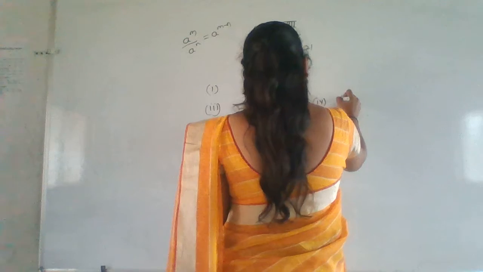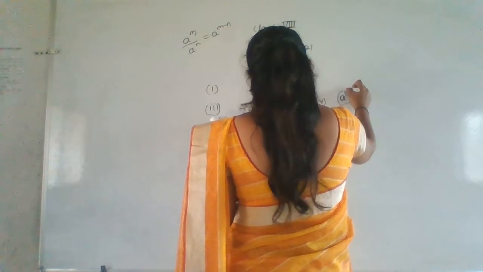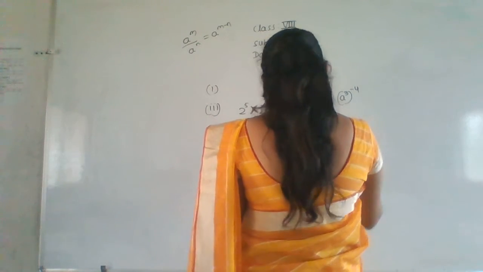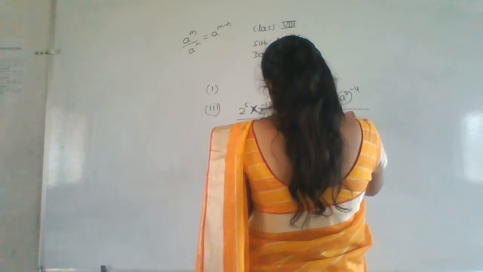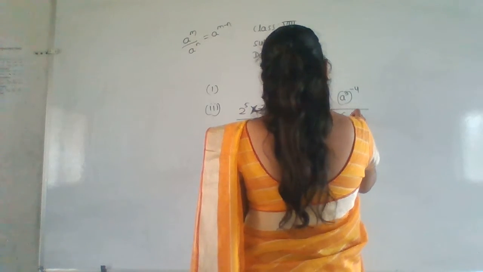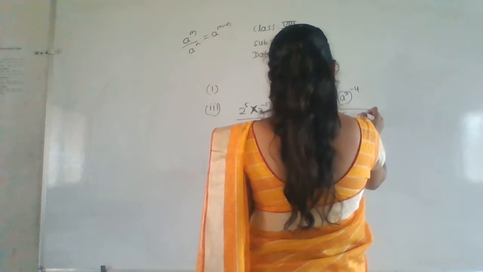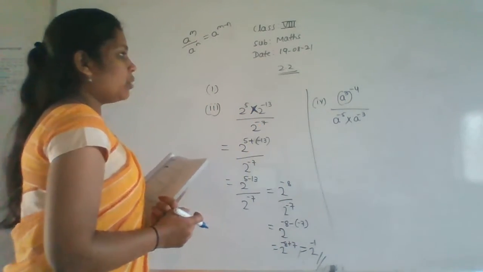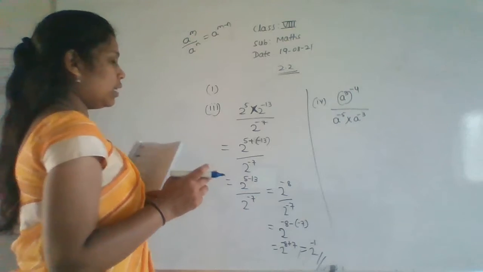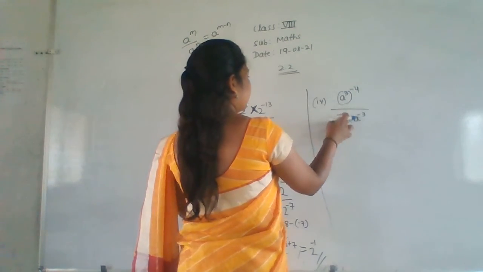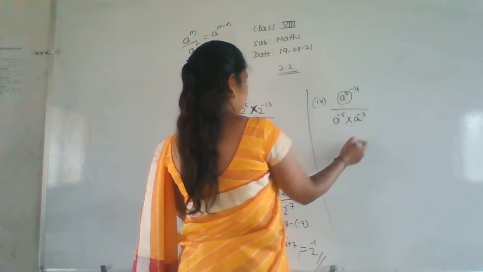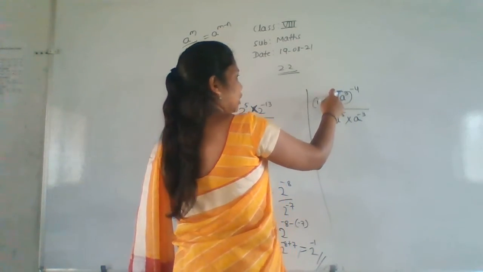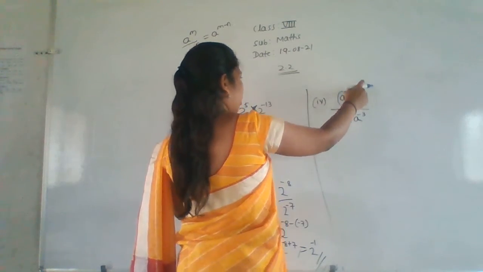Fourth problem, that is a to the power 3 whole to the power minus 4 divided by a to the power minus 5 into a to the power minus 3. First simplify the numerator, that is a to the power 3 whole to the power minus 4.